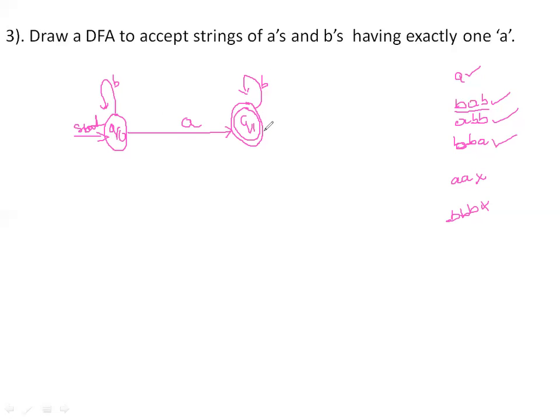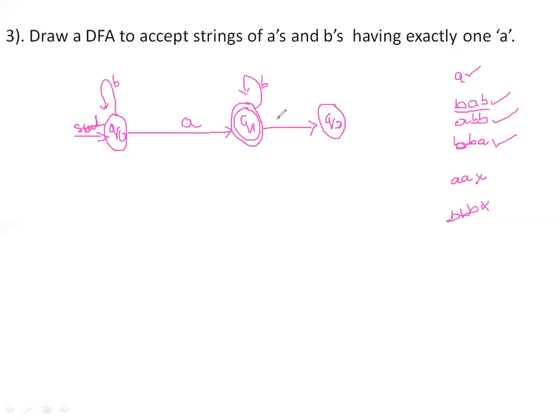But if you want to provide a transition for A from Q1, but it should not be accepted, what we can do is provide one more state. We call it a trap state. Why do we call it a trap state? Once the DFA enters this state, there is no way to reach the final state.